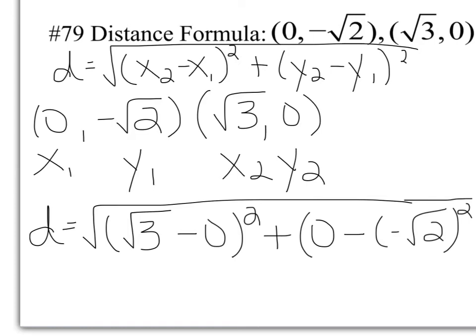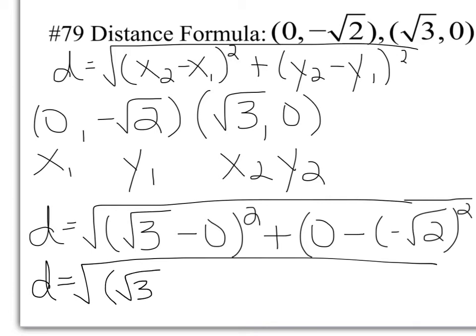So let's clean this up a little bit. The distance equals the square root of 3 minus 0 is just this, anything minus 0 is just itself. So that's the square root of 3 squared plus 0 minus negative square root of 2. We're going to add a line, change the sign. And so it's going to be the square root of 2 squared.